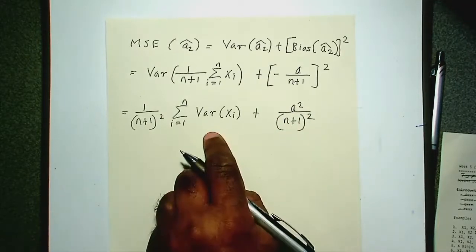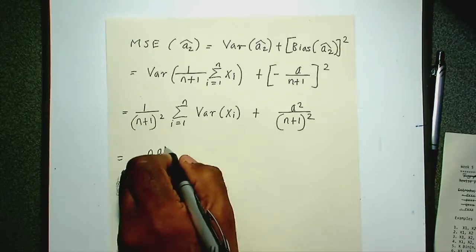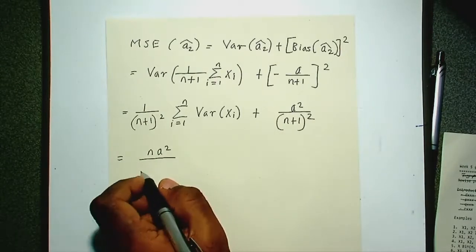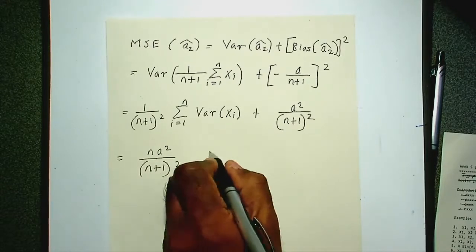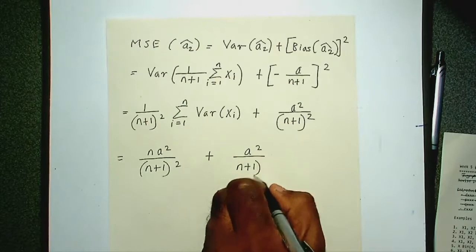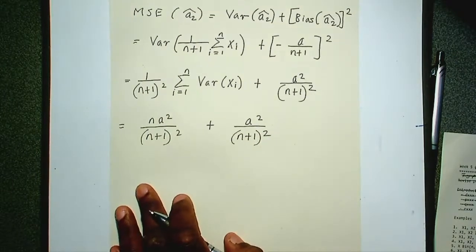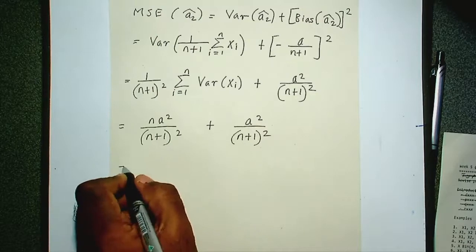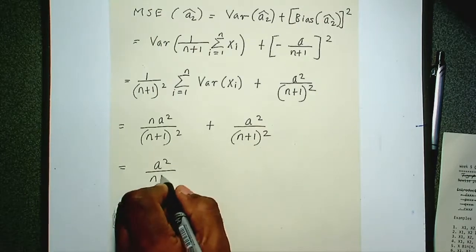Now the variance of xi is A squared, so it's going to be n A squared divided by n plus 1 squared plus A squared divided by n plus 1 squared. You with me? Right, now if you simplify this, you get A squared divided by n plus 1.